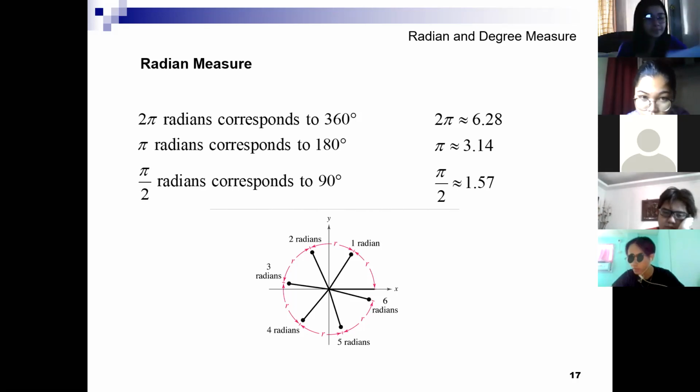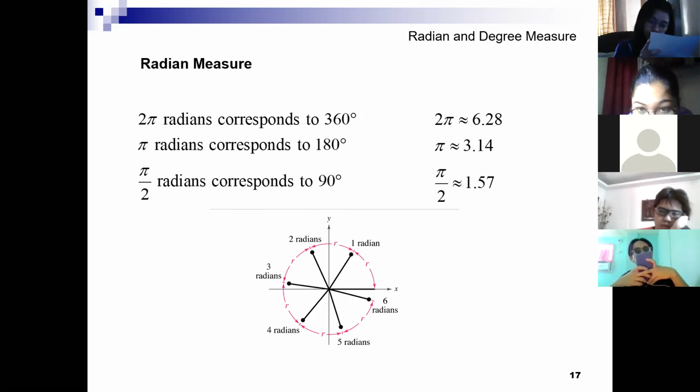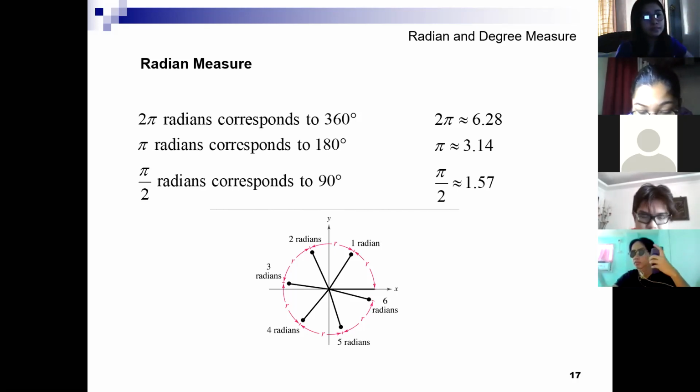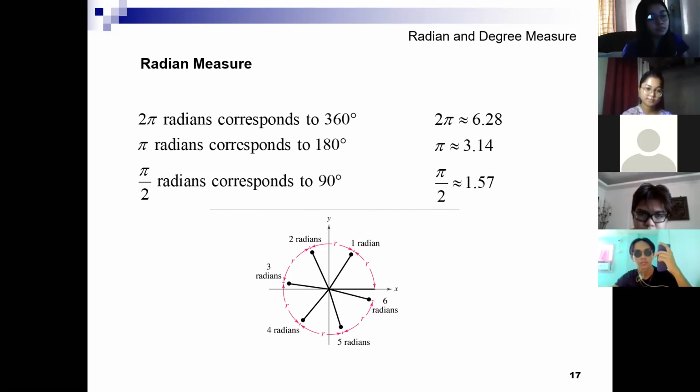And thus, one full revolution, which is 360 degrees, is equal to 2 pi radian. 2 pi radian can be equated to 6.28 if you replace pi by the decimal value, which is 3.14. Or half of 2 pi is pi and half of 360 is 180 degrees. So 1 pi radian is equal to 180 degrees.